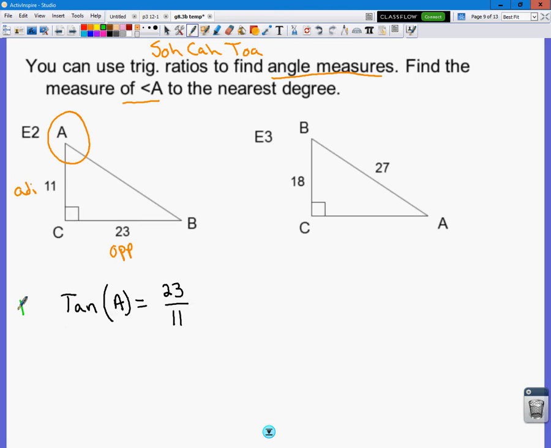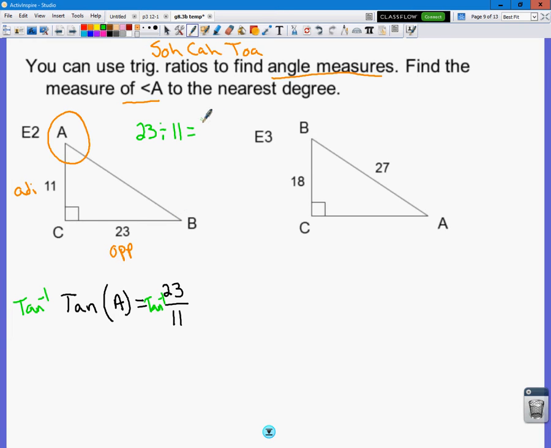Well, if you look at your calculator, you're going to see something that says tan negative 1. And you're going to notice that it's in what color? Green. It's the second function on that calculator. So we need to know how to key this in. What you're going to key in is 23, divide, 11, equals.